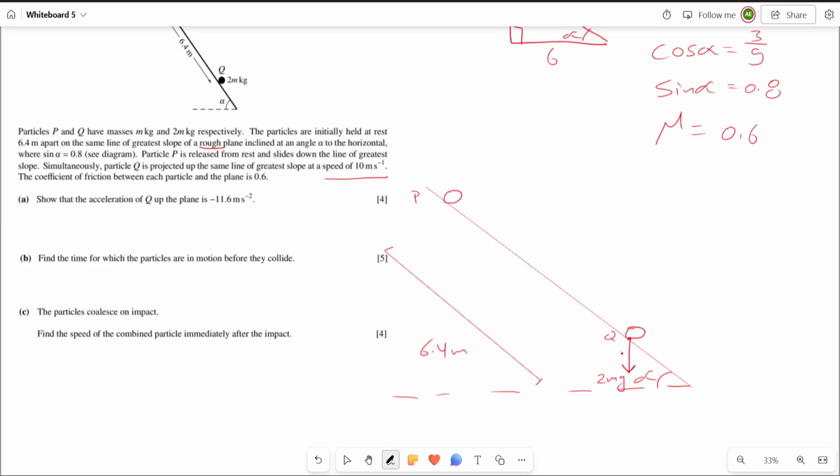That is the weight of Q. I know that this weight can be resolved into two components, because when I have a line of greatest slope, I always resolve in the direction of the slope and the direction perpendicular to it. I no longer resolve my forces in x and y, because it makes more sense to resolve in this direction. Okay, so this component is perpendicular to the line of greatest slope.